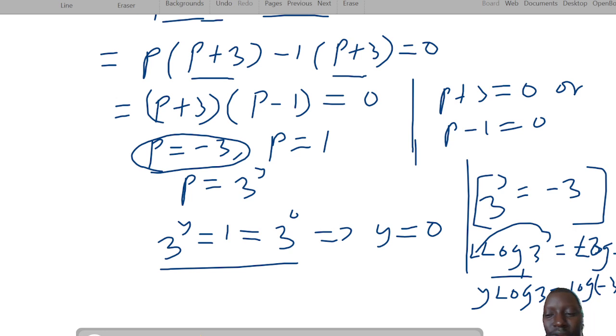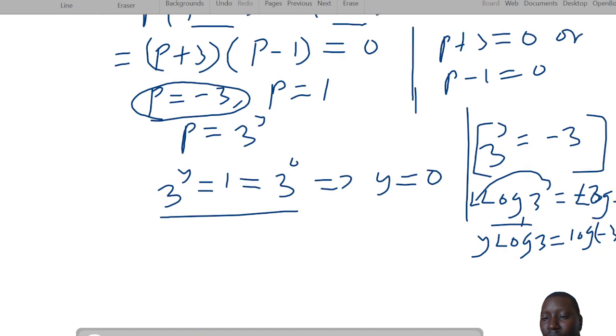But I want to really remind you that when dealing with natural logarithms, we do not have the log of a negative number. You can just confirm from your calculator if you can find the log of negative 3. You can't find that log, it is an error. So if this were to work, the value of y could have been the log of negative 3 divided by the log of 3.